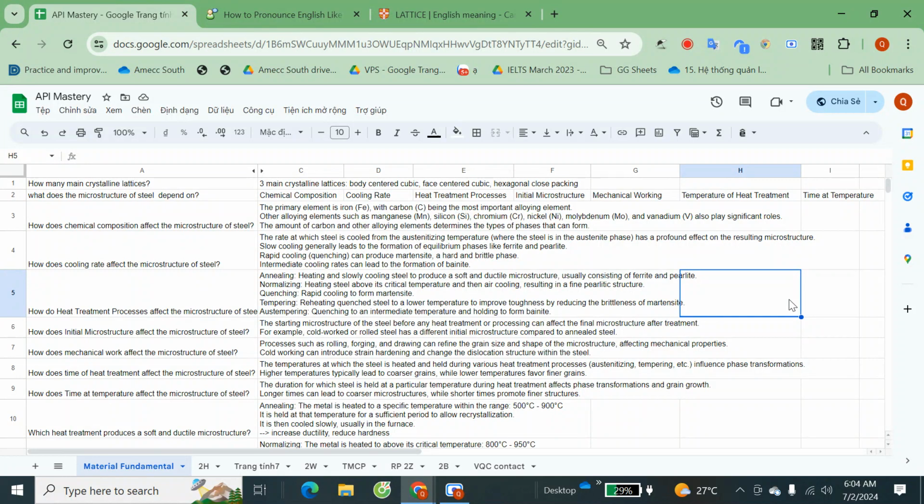Other alloying elements such as manganese, silicon, chromium, nickel, molybdenum, and vanadium also play significant roles. The amount of carbon and other alloying elements determines the types of phases that can form.